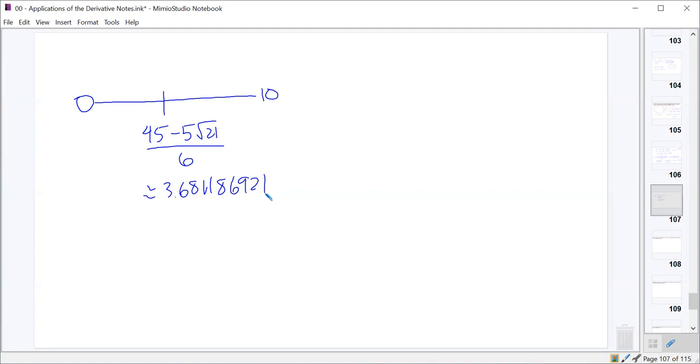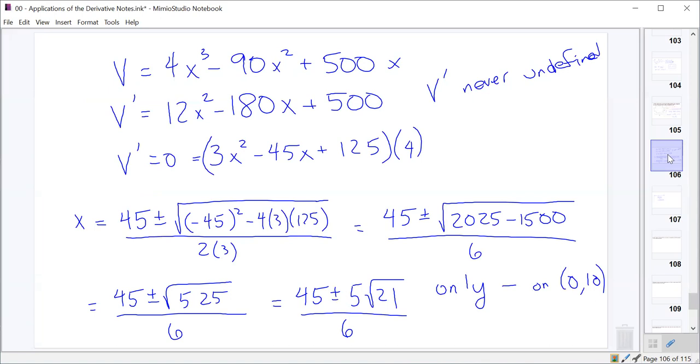And our derivative, once we got all finished with that, was that the 4 is not going to really be significant to whether the derivative is positive or negative. So I'm just going to stick with 3x squared minus 45x plus 125.